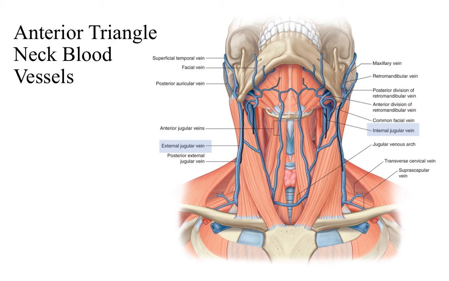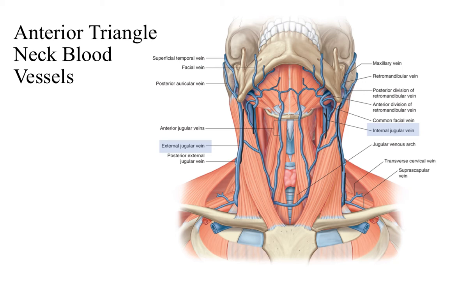So you can see the external jugular vein kind of travels along the sternocleidomastoid, so it's neither at that point in the anterior or the posterior triangles of the neck, because remember the sternocleidomastoid marks the boundaries between the anterior and posterior triangles of the neck.